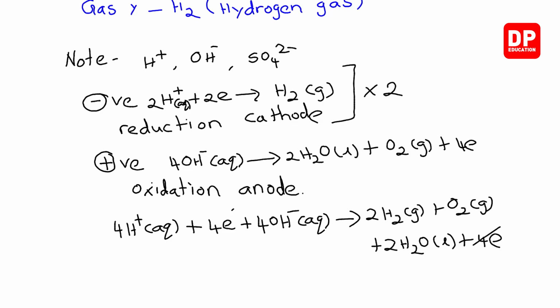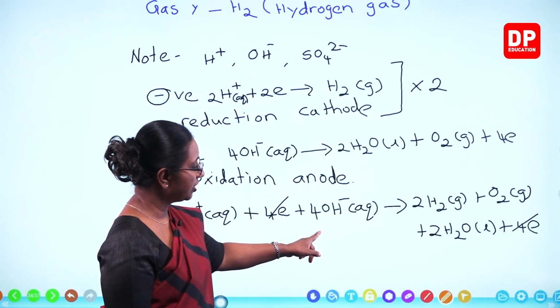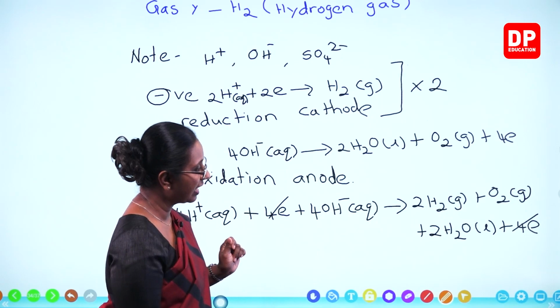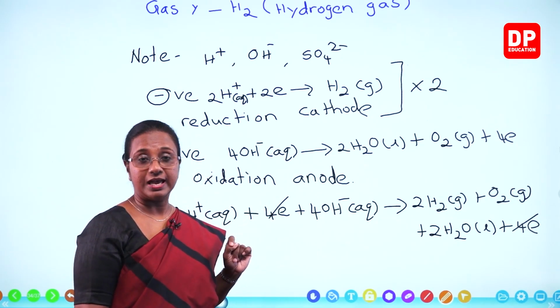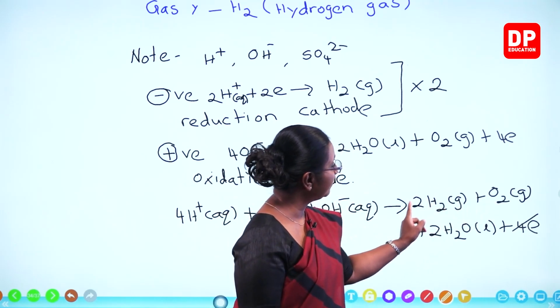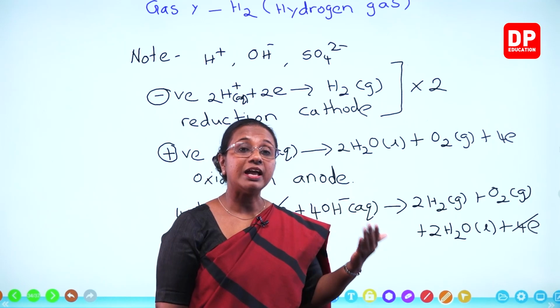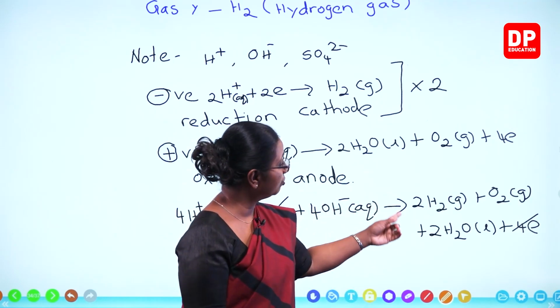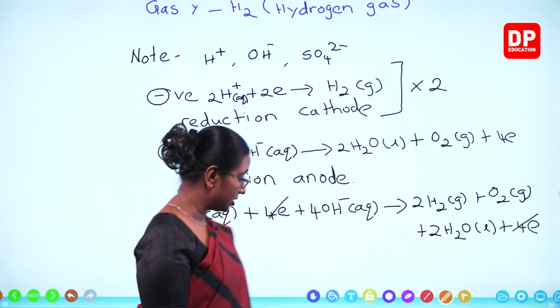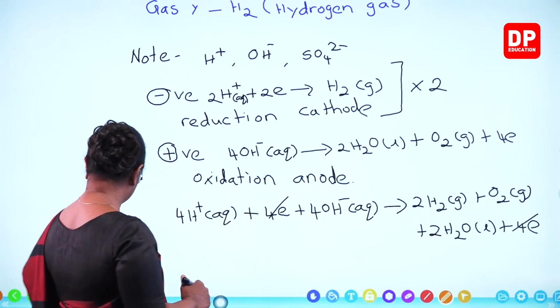We can cancel off the electrons. So you will get 4H plus 4OH minus, giving 2 H2 gas and 1 O2 gas. Because of that, the ratio between H2 and O2 is 2:1. So if you get 1 volume of oxygen, you will get 2 volumes of H2. That is what you need to explain for the next question.